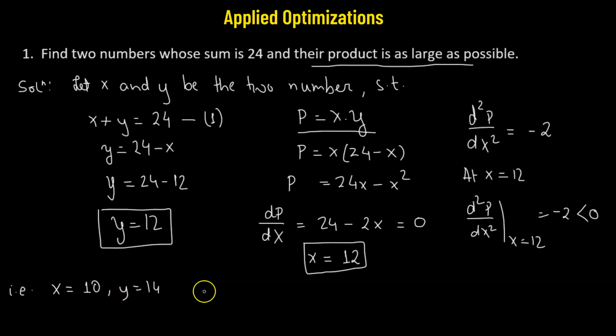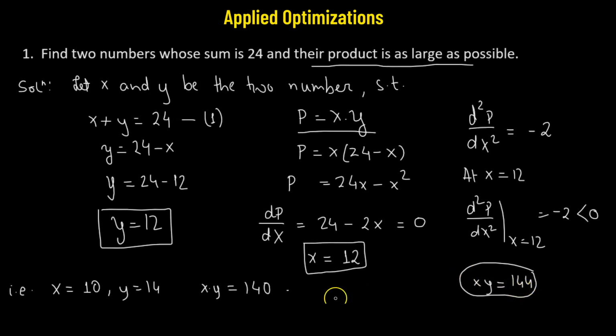When we multiply x times y, that gives us 140. And if we have x equals 12 and y equals 12, then the product is 12 times 12, which is 144. For any combination of x and y, this is the only value, 12 and 12, which gives us the maximum product, 144.